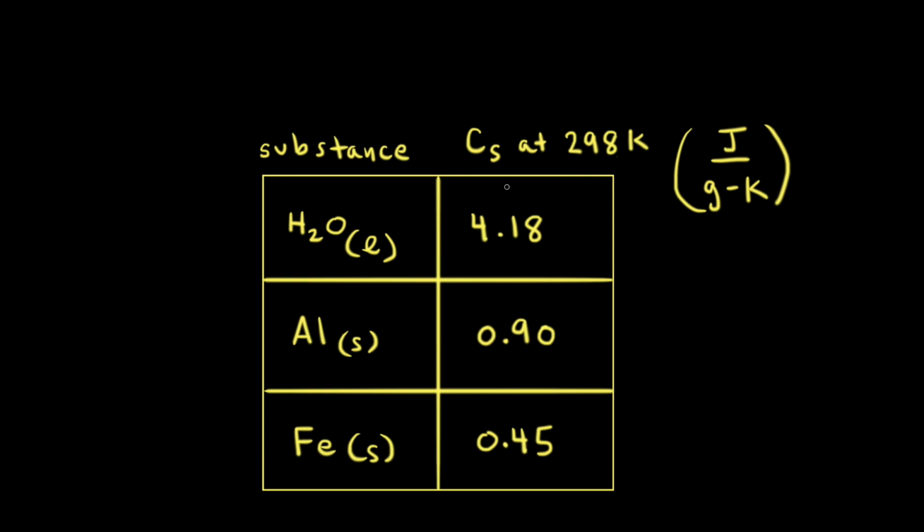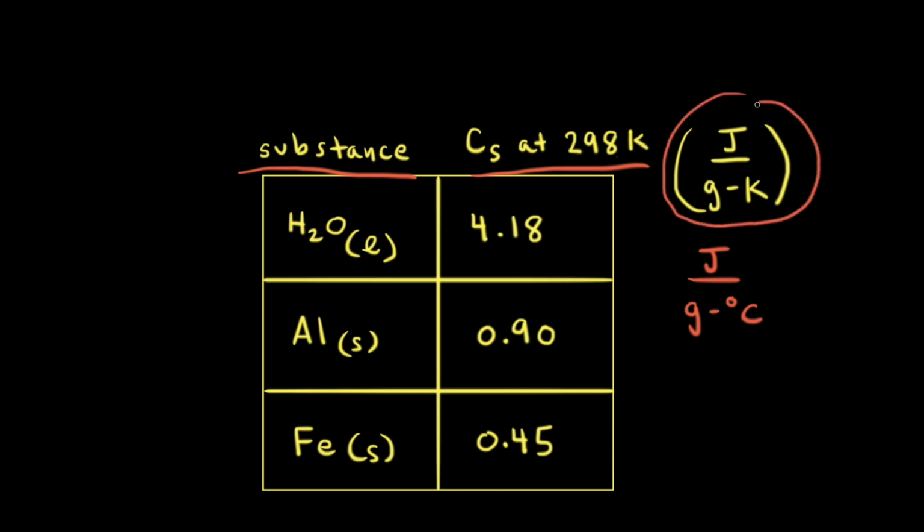The specific heat can vary slightly with temperature, so temperature is often specified when you're looking at a table for specific heats. For example, in the left column we have different substances, and on the right column we have their specific heats at 298 Kelvin. So we could use, for our units for specific heat, joules per gram degree Celsius, or we could use joules per gram Kelvin.